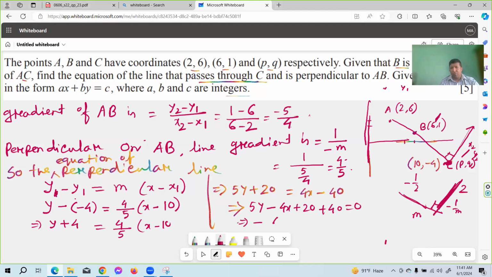So -4x + 5y, and when +60 goes to the right side, it will be -60. If we multiply both sides by -1, we get 4x - 5y = 60. So here you see a is an integer, a is 4, b is -5, and c is also 60. So a, b, and c are all integers.